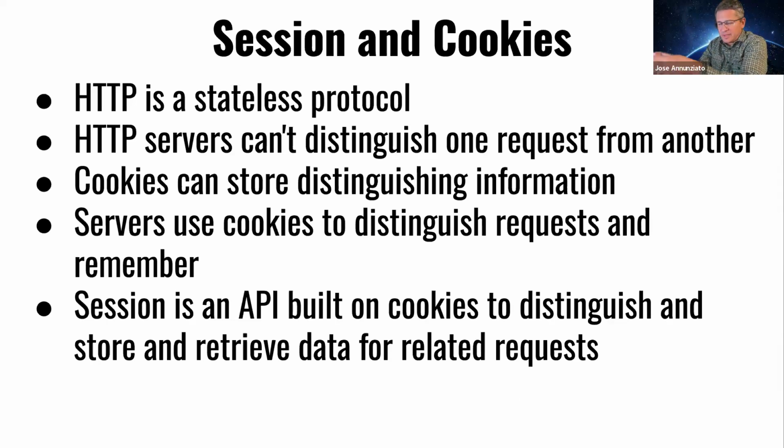The server needs to be able to send Alice her shopping cart and send Bob his shopping cart. So it needs to be able to distinguish who's who. And the basic HTTP protocol, when it was designed so many decades ago, had no provision for the server to be able to distinguish a request coming from Alice from a request coming from Bob.